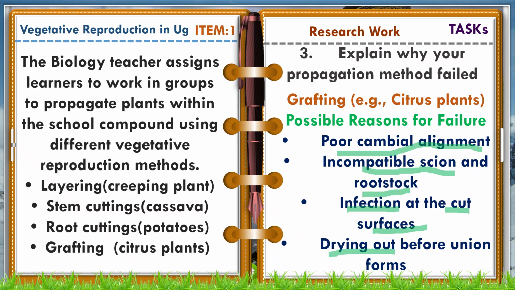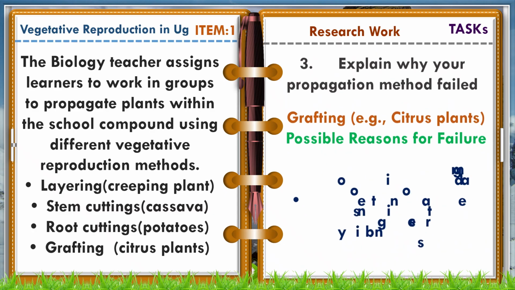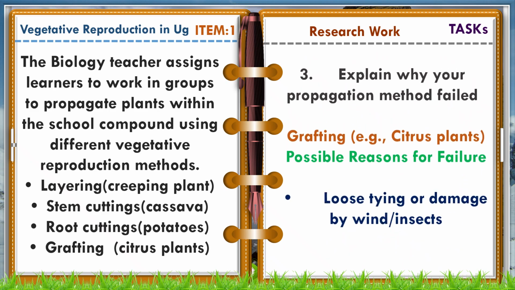There was drying out before union forms. And there was also loose tying or damage by either wind or insects.